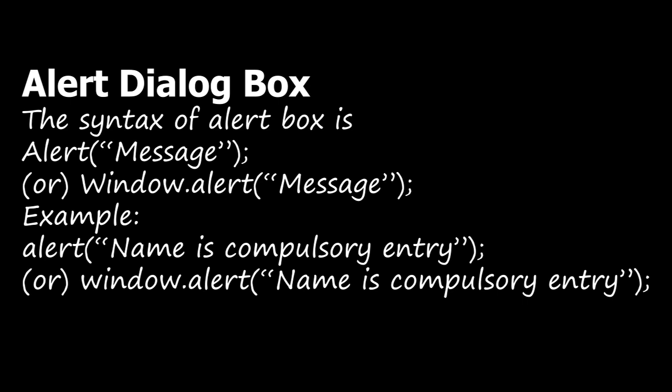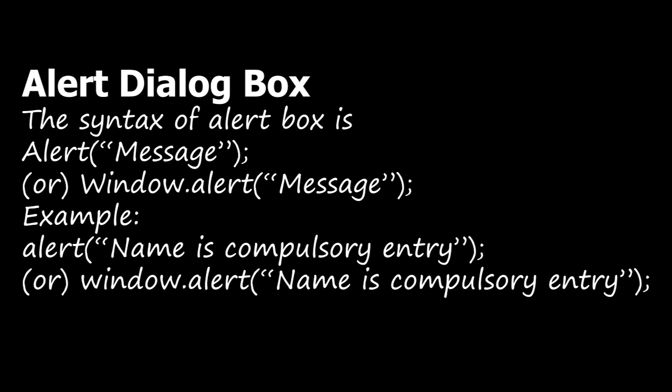For getting that alert dialog box, the syntax is alert, inside the bracket, inside double quotes, you have to give the message, or else window dot alert, and inside the bracket, inside double quotes, we have to give the message, right? And at the last you have to mention the semicolon.